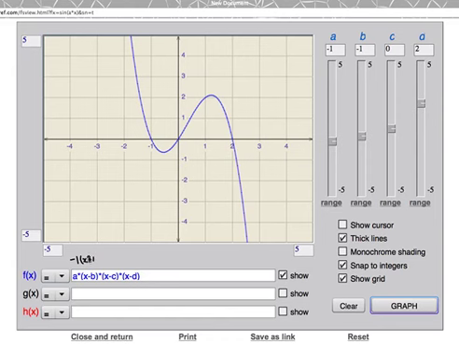And remember that factor went with this point of intersection with the x-axis. C has a value 0, so this factor is x minus 0, which is just x, and that factor went with this point of intersection with the x-axis.